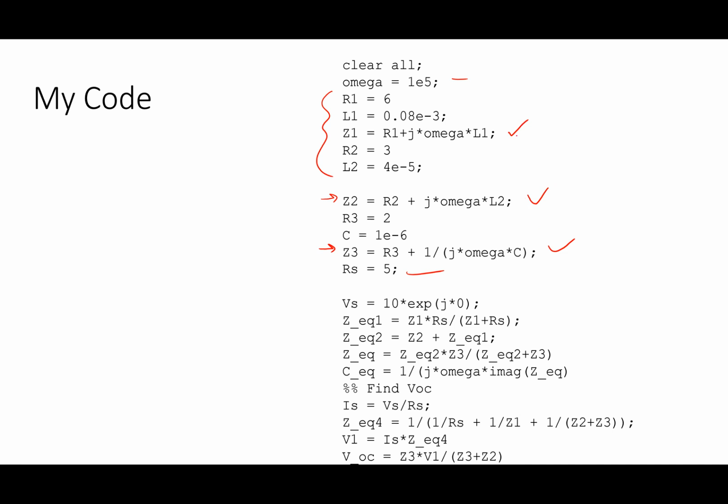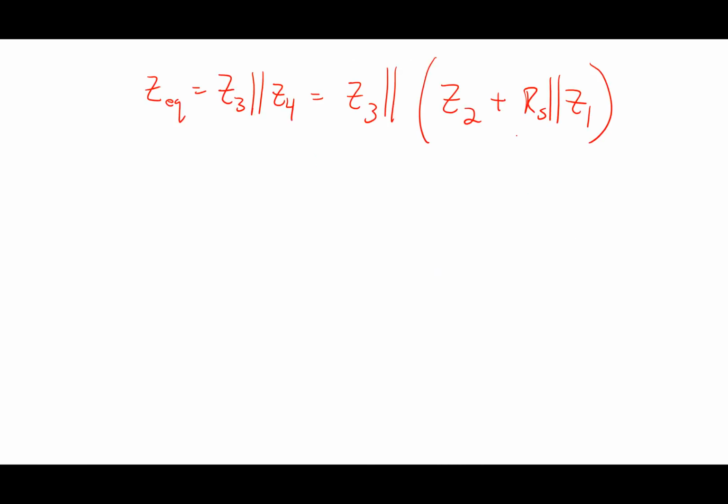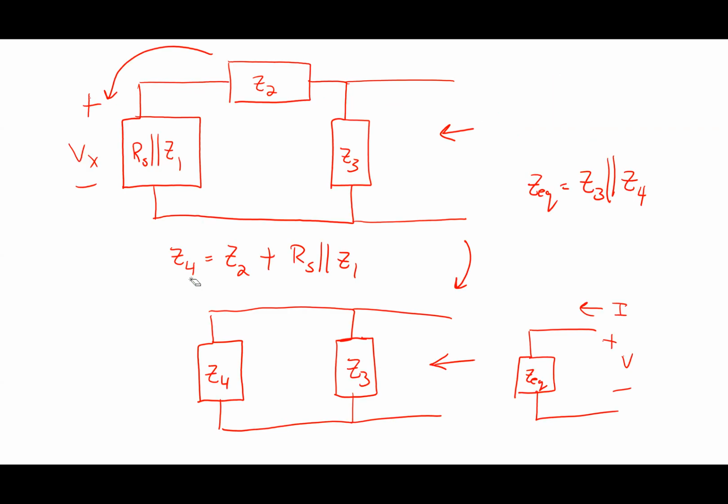All right. So what did I do? I didn't call him Z4, I guess. What did I call him? That's why I should have kept my notation. Instead of calling it Z4, I called this ZEQ2, and I called this ZEQ1. Okay. Do it that way.